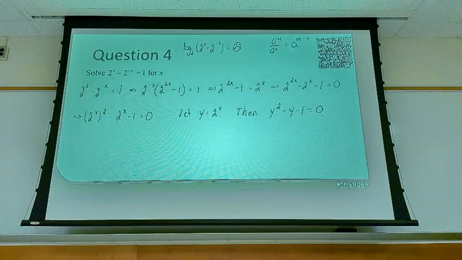Well, we're not done yet. We have to solve it. How do you solve quadratics? What's our formula? This can't be factored, so you have to use the quadratic formula. Negative b plus or minus the square root of b squared minus 4ac, over 2a.